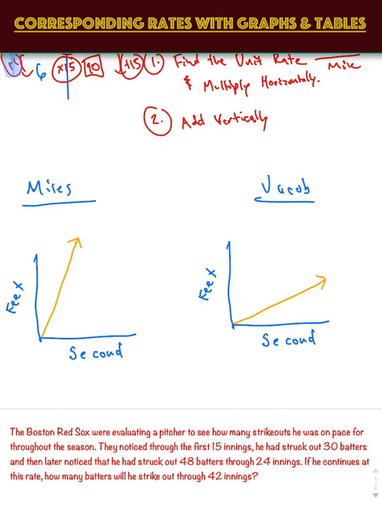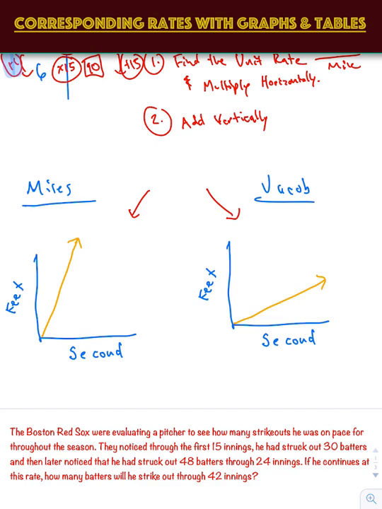In terms of looking at rates on graphs, basically we're going to look at the graph over here. We have Miles's graph to the left and Jacob's to the right. And we need to evaluate which rate is higher.